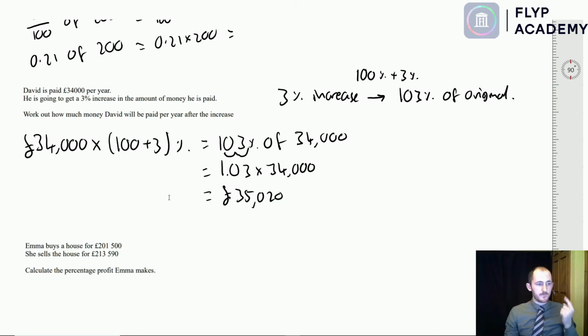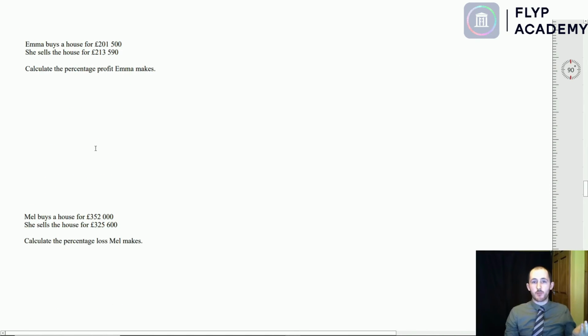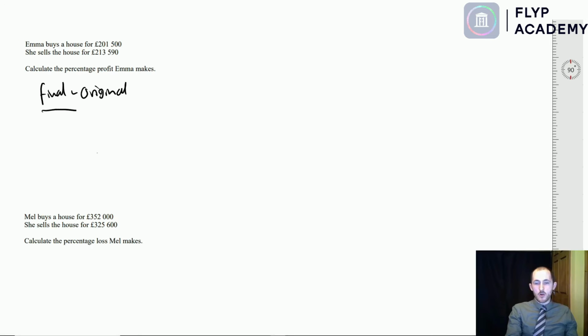Okay. The next thing that you have to do is also calculate percentage loss and percentage profit. I really like percentage profit and loss because there's one formula. It's the final amount minus the original, over the original, and this works every single time.